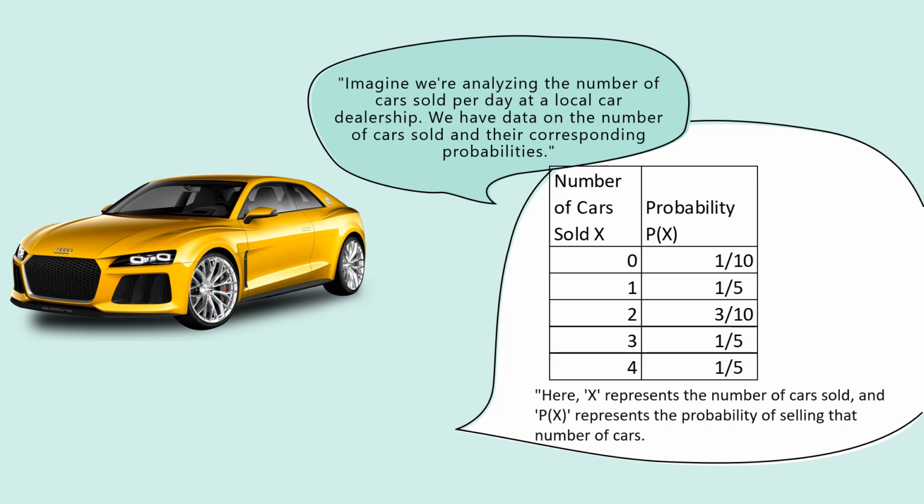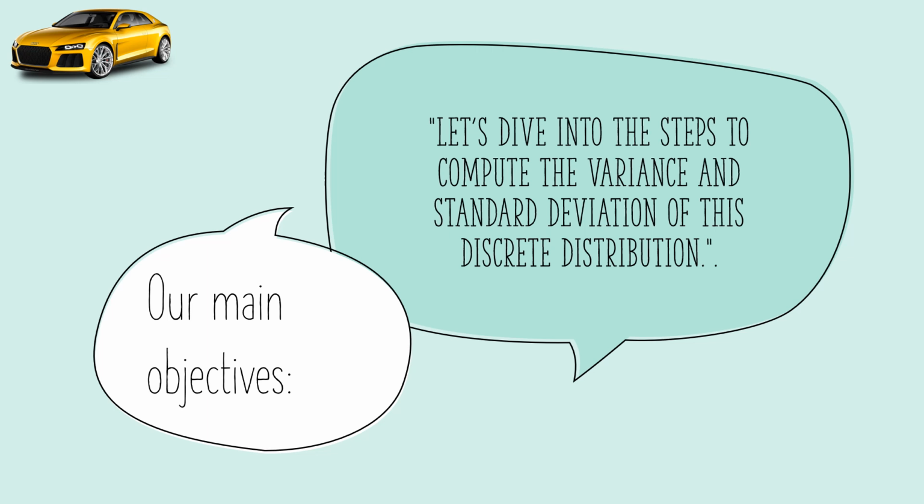Here, x represents the number of cars sold and p of x represents the probability of selling that number of cars. Our main objective is to compute the variance and standard deviation of this discrete distribution.